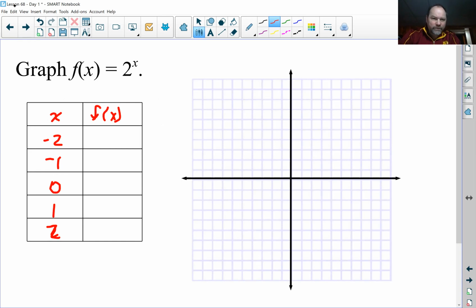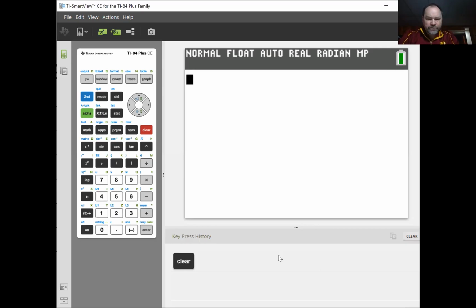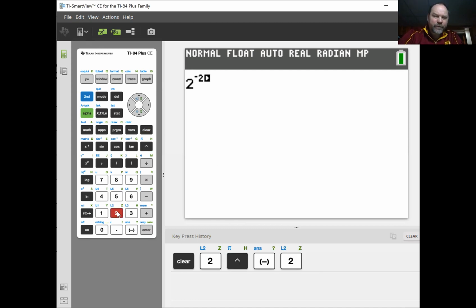One way would be to use a calculator, and you can certainly do that. We're going to have 2 to the power of -2. So I just type that in, 2 to the power of -2.